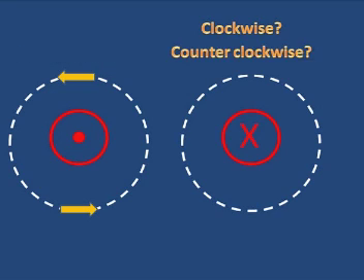That's the field. What about the X? It's going away from you. My thumb goes into the page, into the screen. It's very awkward. My hand wraps around, and it's very evident the field goes clockwise. Now make sure that you understand that.